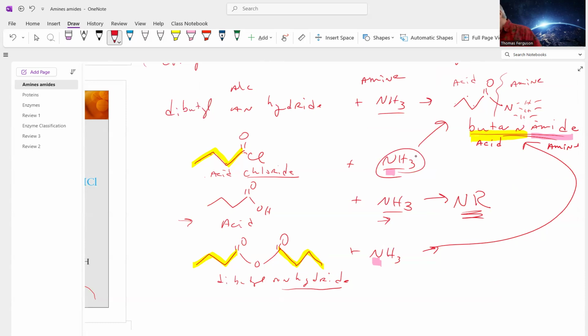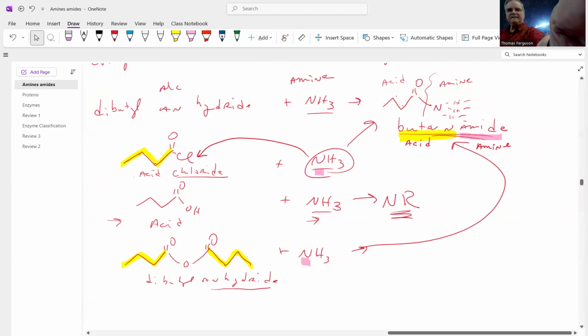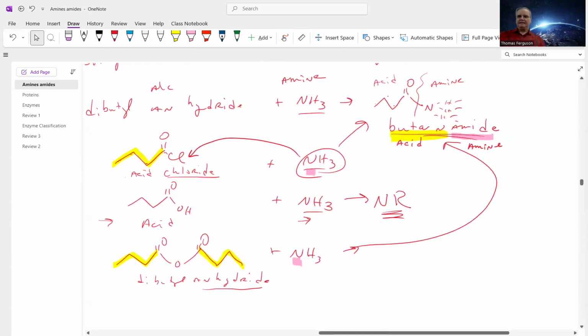We have the amine. That's going to substitute for that chlorine, giving you HCl plus the amide. Now, in this case, it's a simple one because we just have hydrogens coming off that nitrogen, but we can have methyls, ethyls, propyls, anything like that can come off that nitrogen as well.